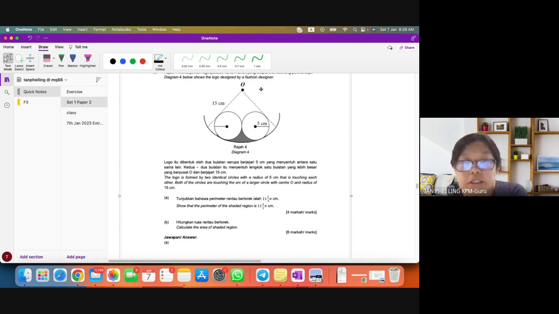Here it doesn't tell me about anything, right? We have a bigger circle and then we have smaller ones. So the shaded region, if we want the perimeter, okay, sorry.